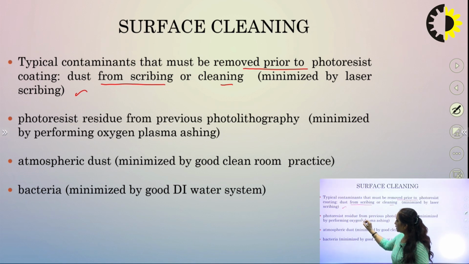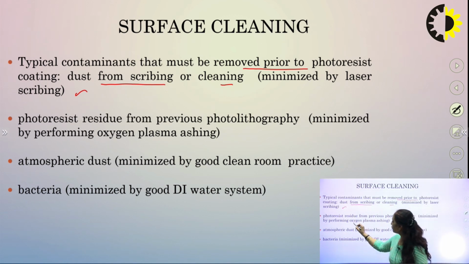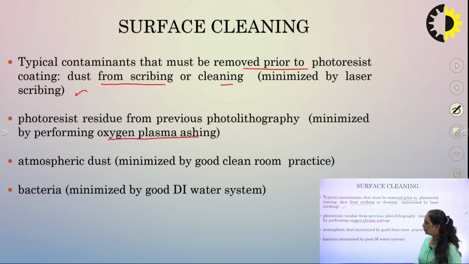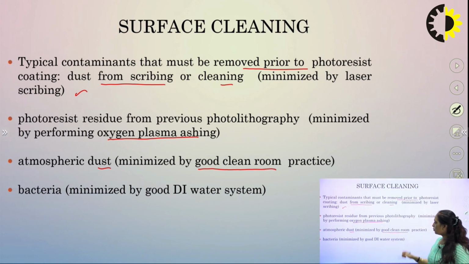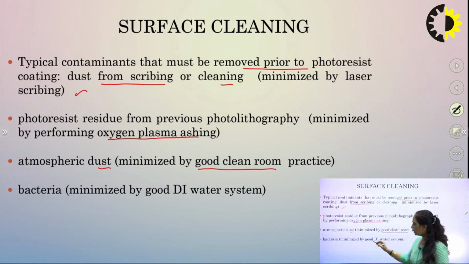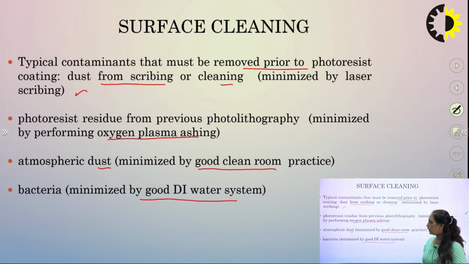Then photoresist residues from the previous photolithography process can be minimized by performing oxygen plasma etching. Then atmospheric dust can be removed by having a good ambient, a good clean room, and bacterial contamination can be removed by good DI water.